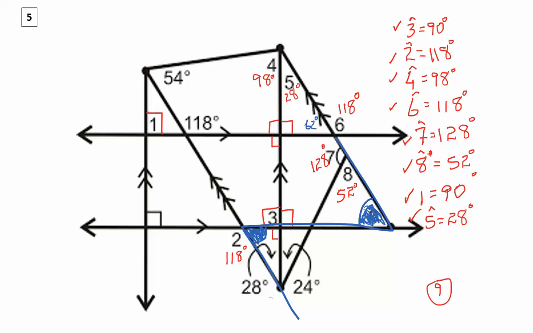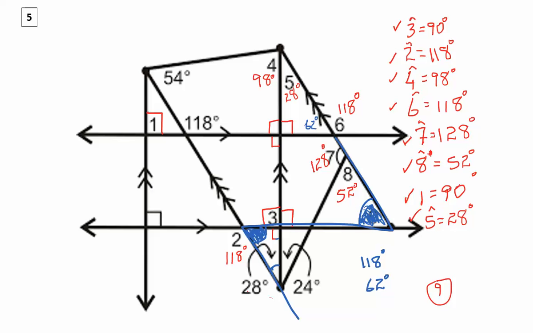Now, what is this angle? We know that this is 28 and that's 90. So that's already 118 degrees. How much must I add to 118 to get to 180? It will be 62 degrees.